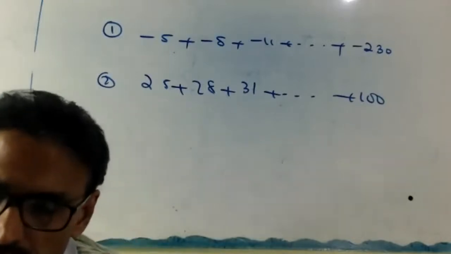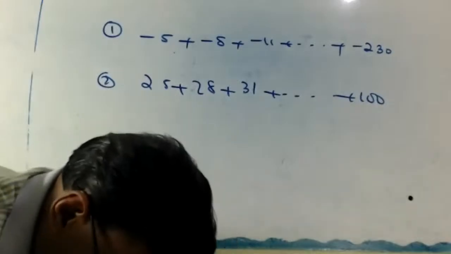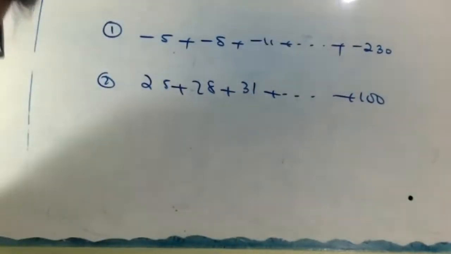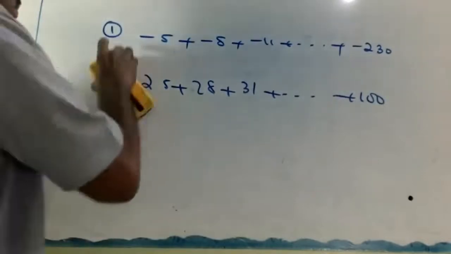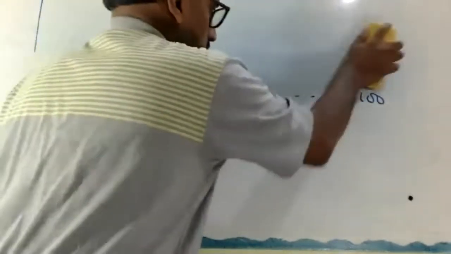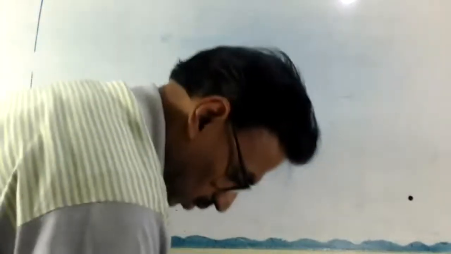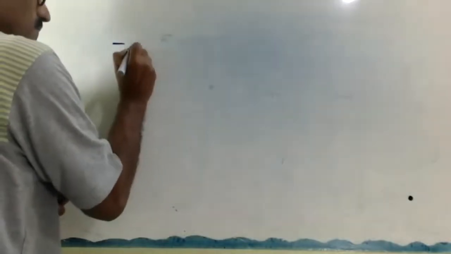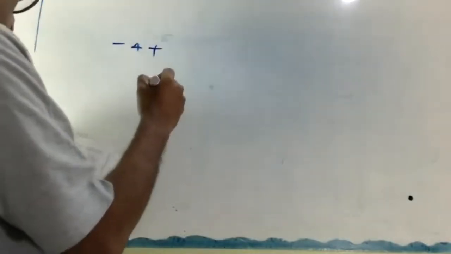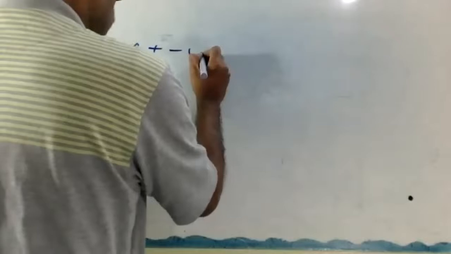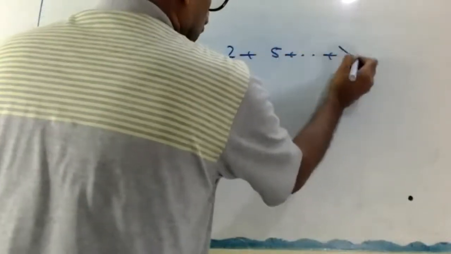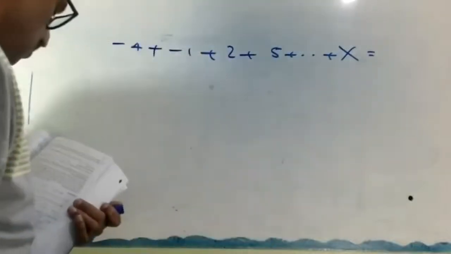Okay, next star question. You have to try yourself. Solve: -4 plus -1 plus 2 plus 5 plus etc. plus x equal to 437.